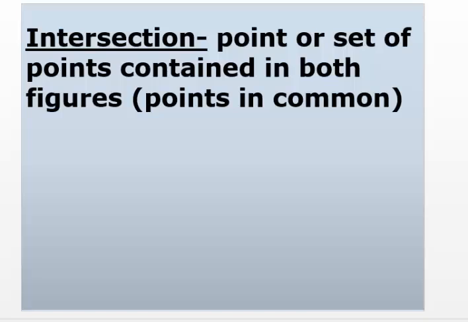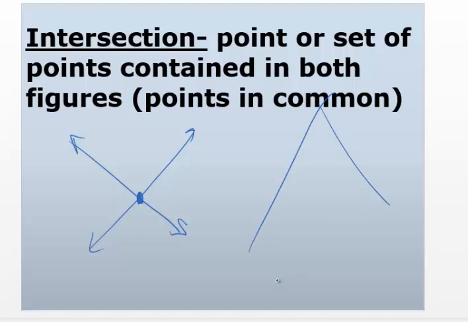The last word for this unit is intersection. An intersection is a point or a set of points contained in both figures. So there's intersections of lines, and when two lines intersect, their intersection is a point. And then there's intersections of planes, and you'll have to excuse my drawings because I'm not good at drawing planes. Let me draw my second plane in a different color to see if that makes a difference.